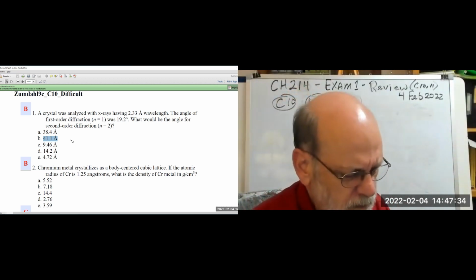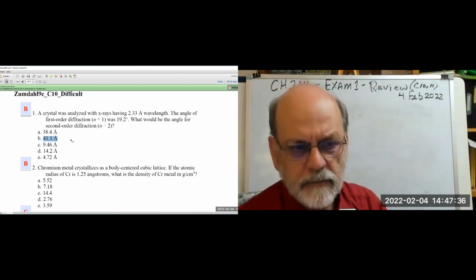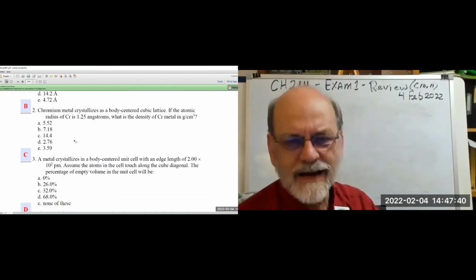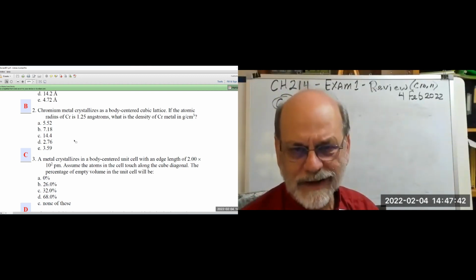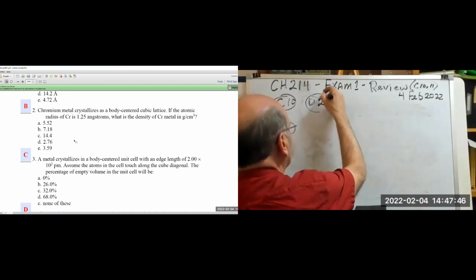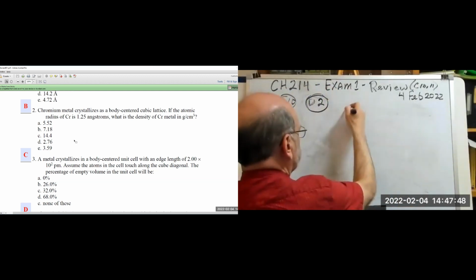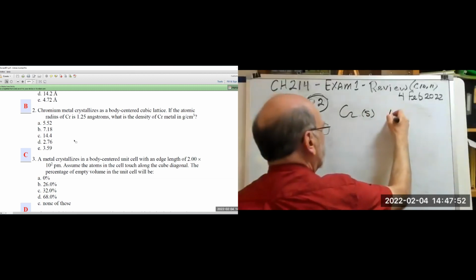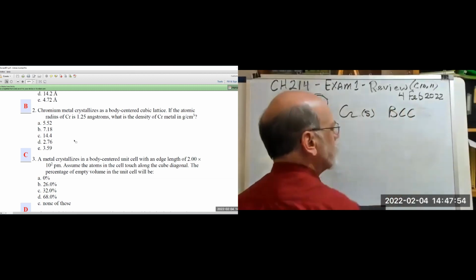Next, 2. Chromium metal crystallizes as a body-centered cubic lattice. So we've got chromium, solid, and it's a body-centered cubic lattice.